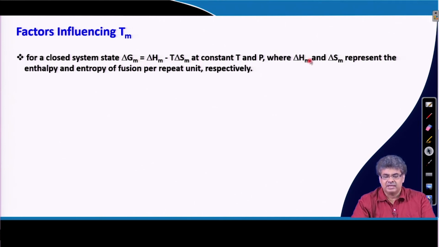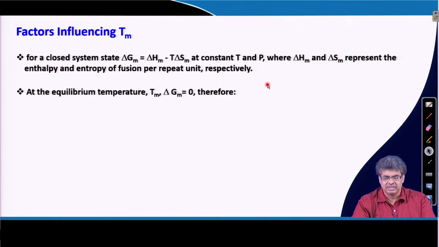So, these delta H M and delta S M represent the enthalpy and entropy of melting or fusion per repeat unit respectively. And at equilibrium, at the melting point, delta G is 0, hence melting point is given by delta H M by delta S M.